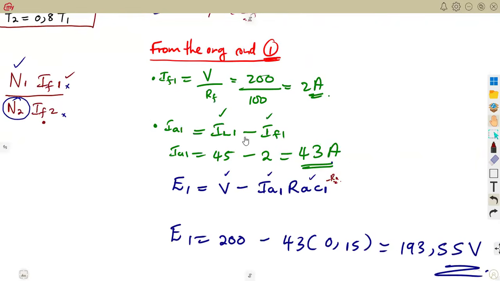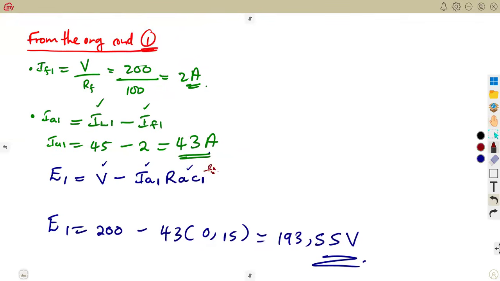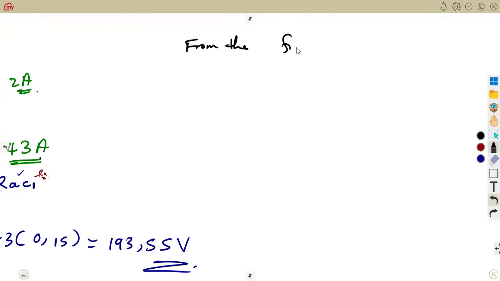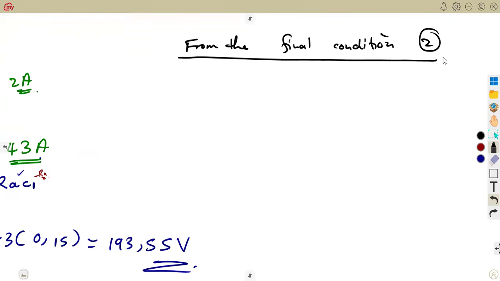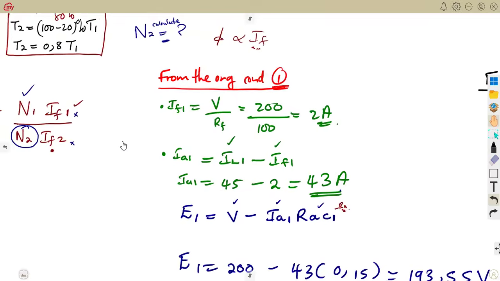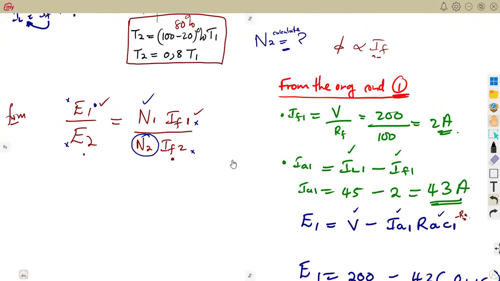From the final condition, what is it that we are having? Can we calculate any of these two that are missing? Field current and the E2, the generated, which is our back EMF.